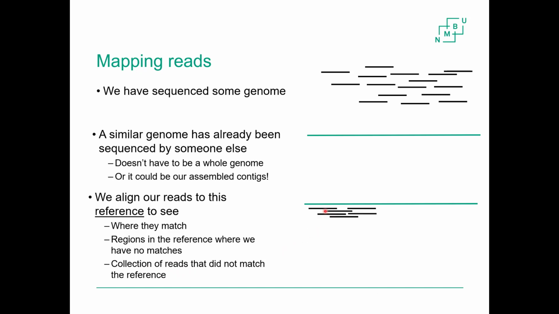We have the reference, we map the reads, as we say, or align them. So I indicate here these reads map at these regions, right? They are identical to these regions of the reference.